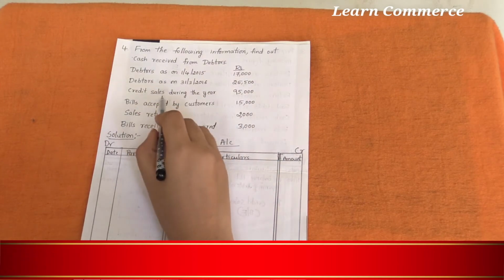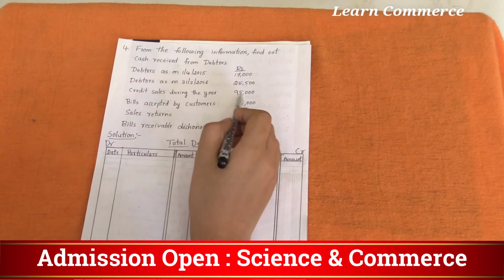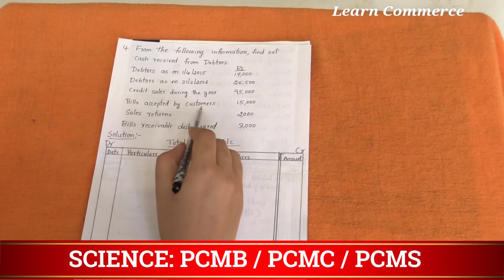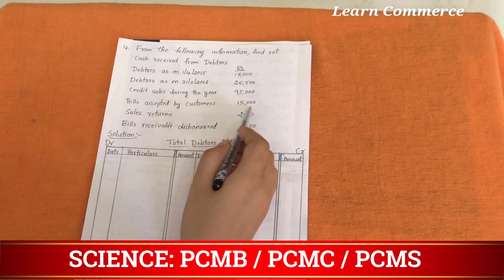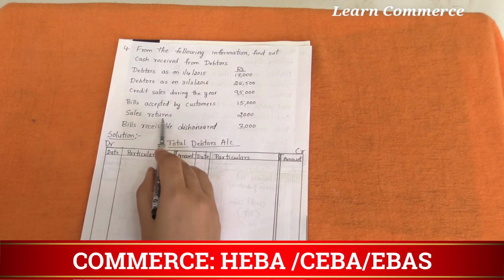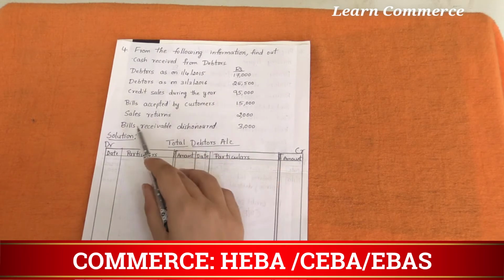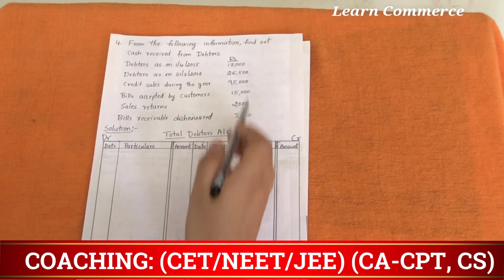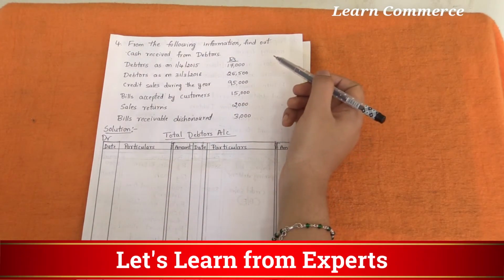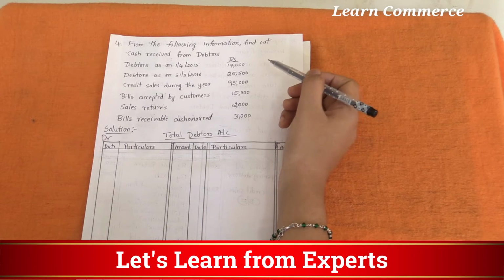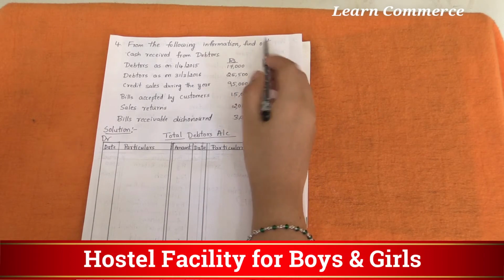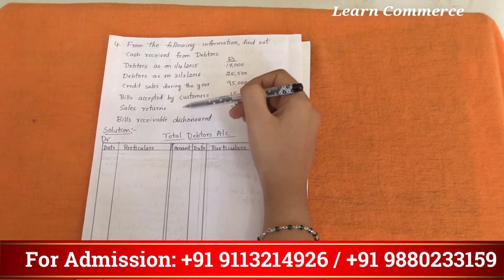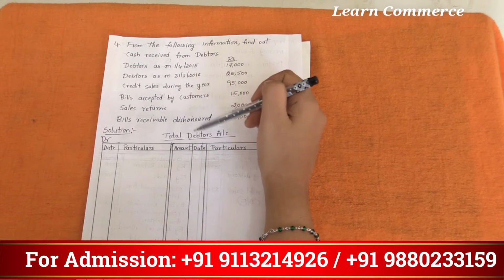Then credit sales during the year 95,000. Then bills accepted by customers 15,000. Sales returns 2,000. Bills receivable dishonored 3,000. So, which account do we have to prepare? That is total debtors account. How did you come to know? Because here they ask to find out cash received from debtors, and all this given information relates to debtors. So, we have to prepare total debtors account.